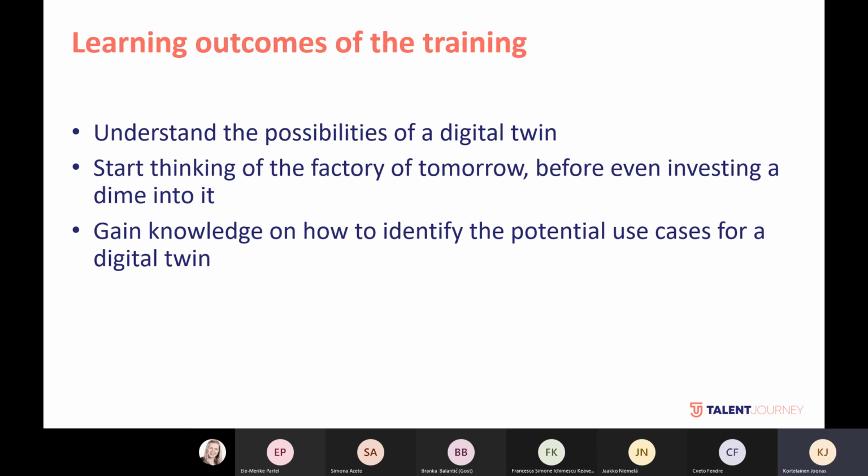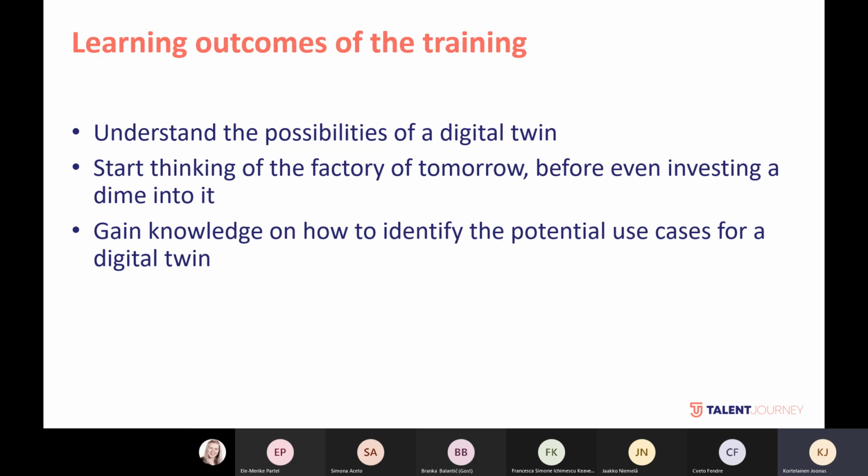The idea is also that you start thinking of the factory of tomorrow before you even invest a dime into it, so that you start to think about ways you could make use of simulation and digital twins.